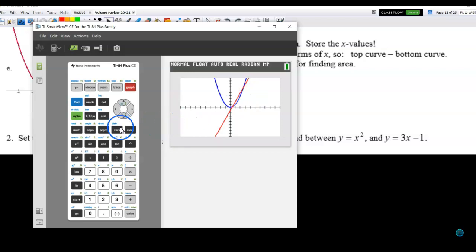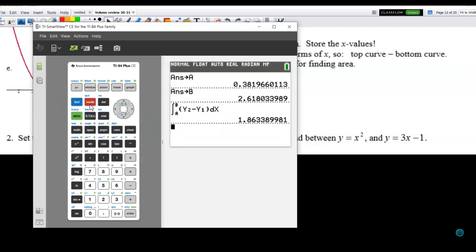So to get the y value, I'm going to go to the home screen. I'm going to do a second quit, and all I'm going to do is substitute this A value, this long decimal number, into one of the two equations. It doesn't matter which one, because that's where the two curves intersect, or the curve and the line.